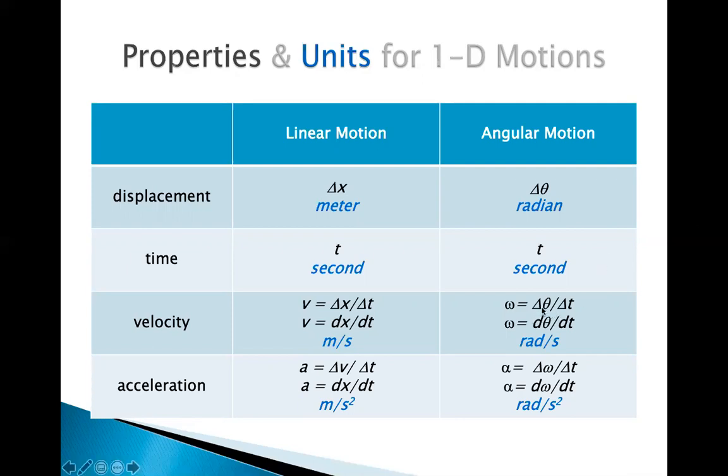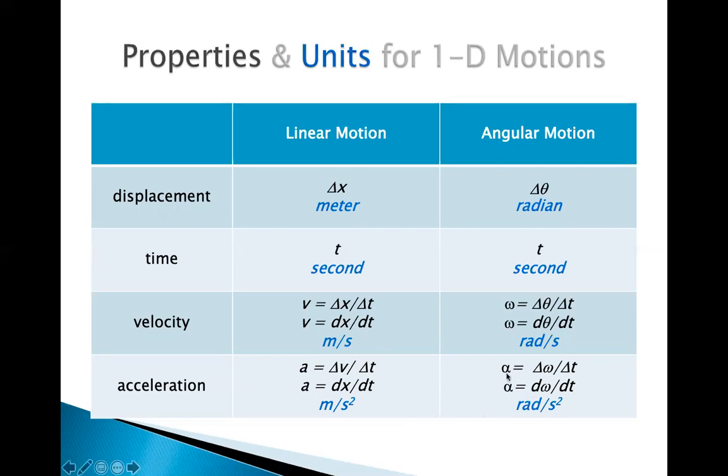Angular velocity means the change of angle over time, so it's in radians per second. In the calculus framework, it's the first order derivative of angular position with respect to time. The symbol is omega, a Greek letter representing angular velocity or rotational velocity.